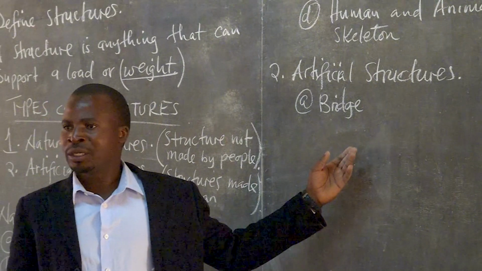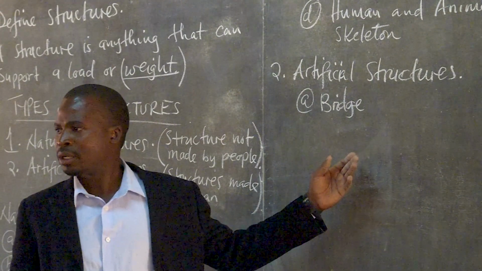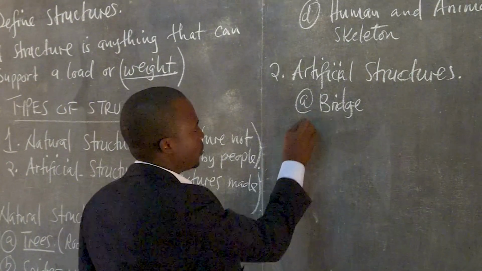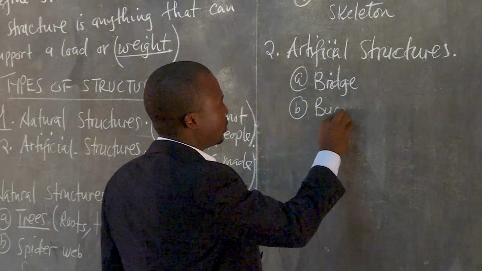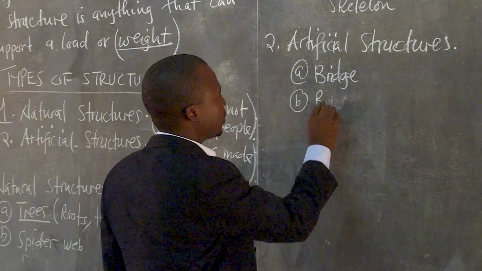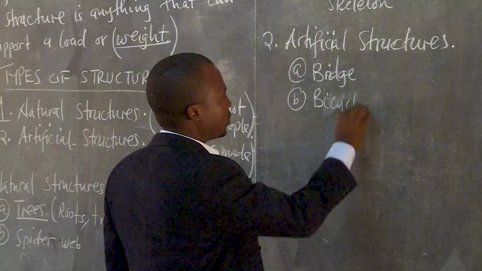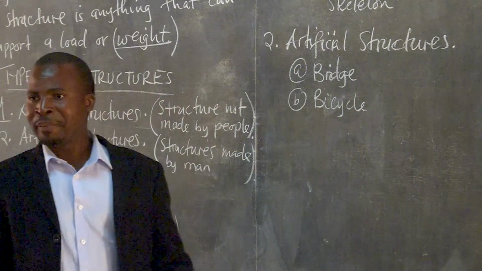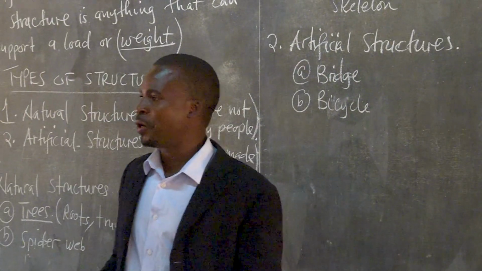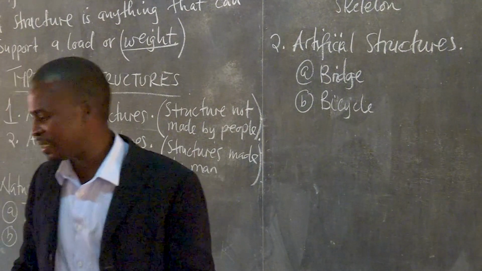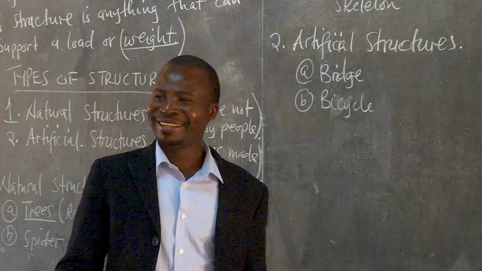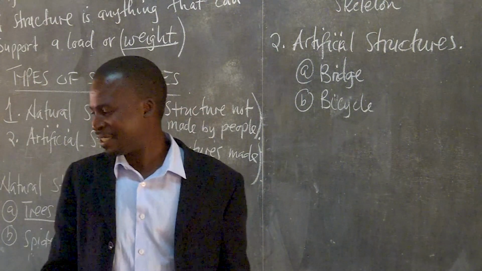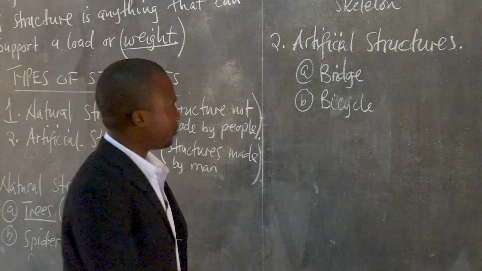Apart from a bridge, what else? A bicycle. A bicycle is also a structure which has been made by man. What else? James: a car.